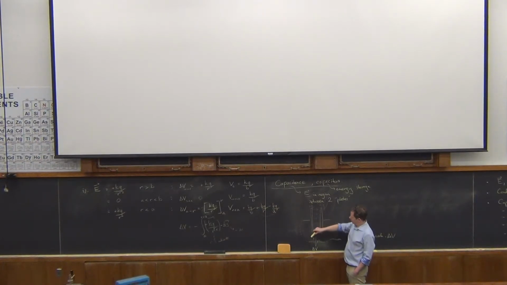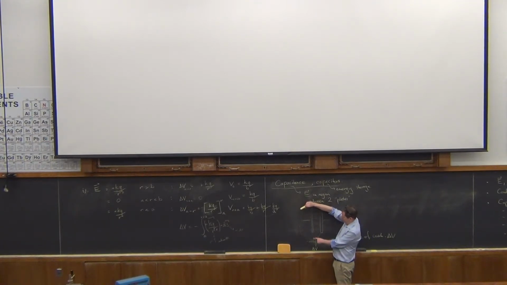What do you think is going to be the effect, ignore this for just a moment, what is going to be the effect on this chunk of conductor over here if I have a positive potential here and a negative potential here? So think about, this is electrically neutral, but you can think of it as being made up of equal numbers of positive and negative carriers. What's going to happen? Yeah?